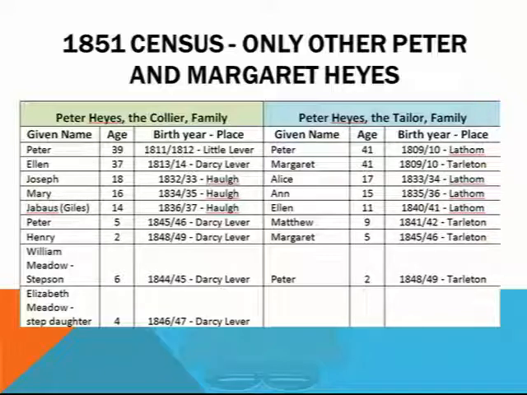If we look at Peter Hayes the tailor, we see that Mary is not living with her parents. She would now be almost 18 years old and was probably working for another family or married. You can, however, see that the rest of the family's children were born in Tarleton or nearby Latham.